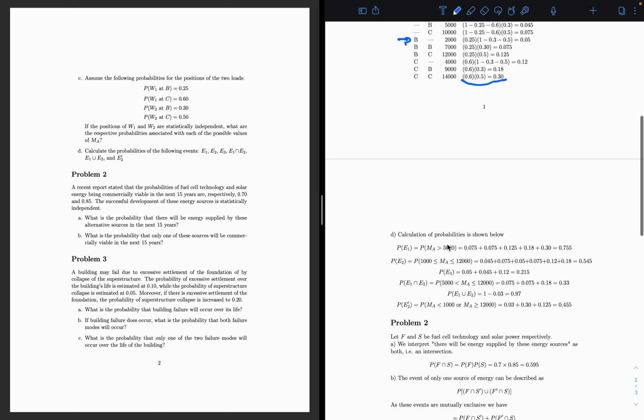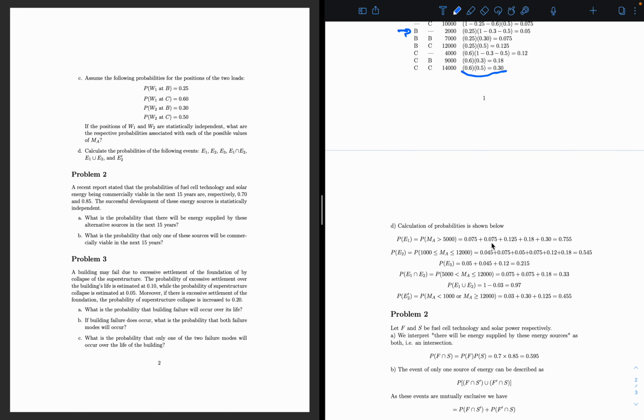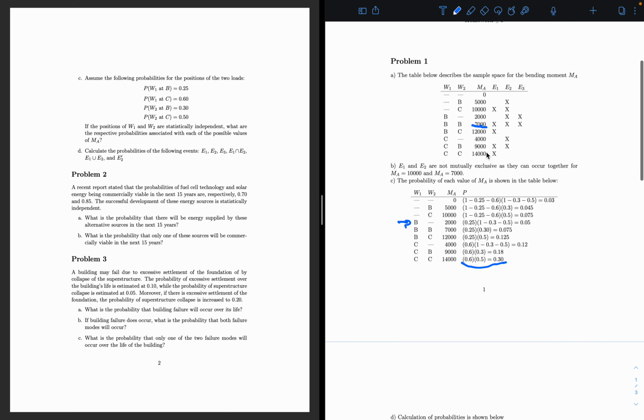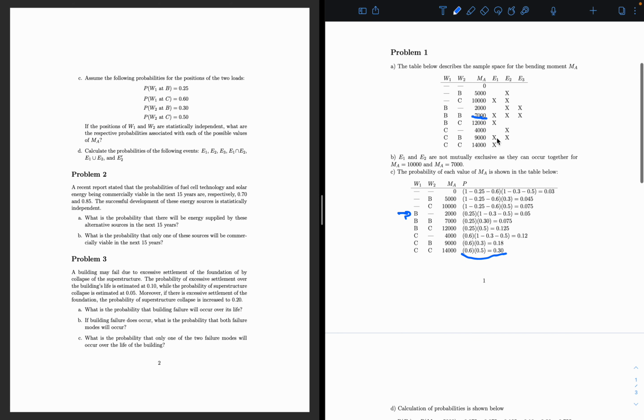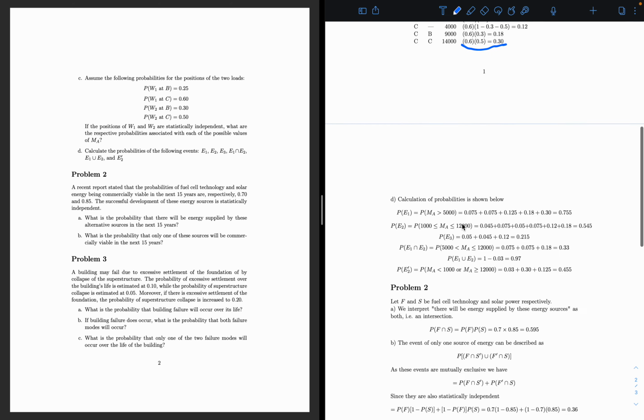So that means that we can just add the probabilities. Essentially we have the union of all these events here. For P of MA greater than 5,000, we've got 2, 4, 5 probability, and so forth.